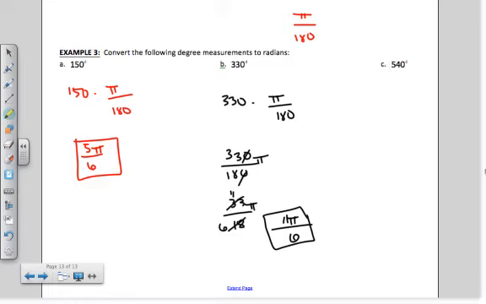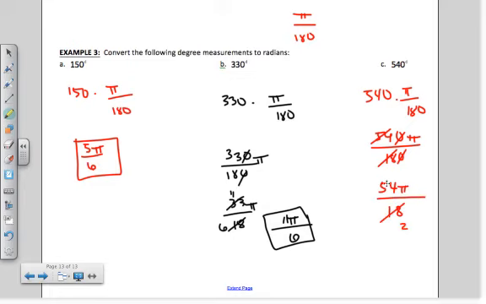All right, and 540, we have 540 times pi over 180. 540 and 180 both have factors of 10. 54 and 18 are both factors of 9, so that would be 54 pi over 18.